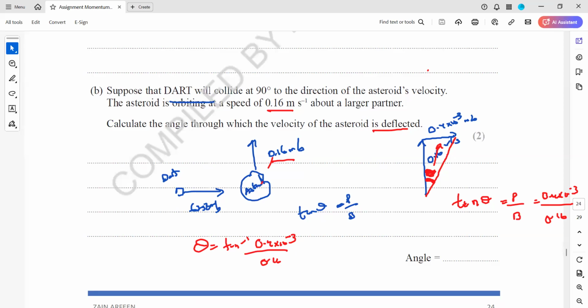The answer is 0.14, that's the change in the angle in degrees. So it's a very small change in the angle.